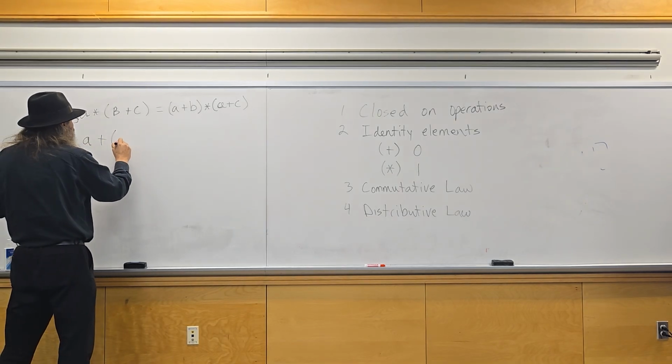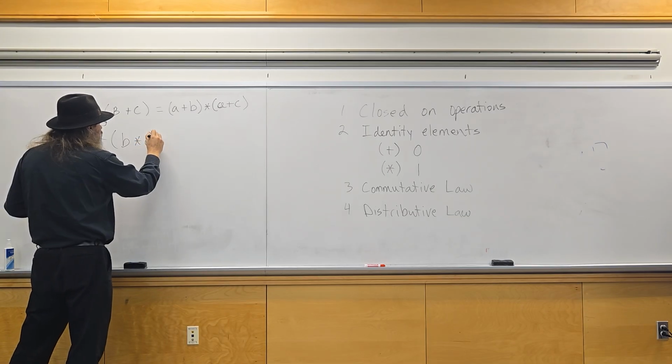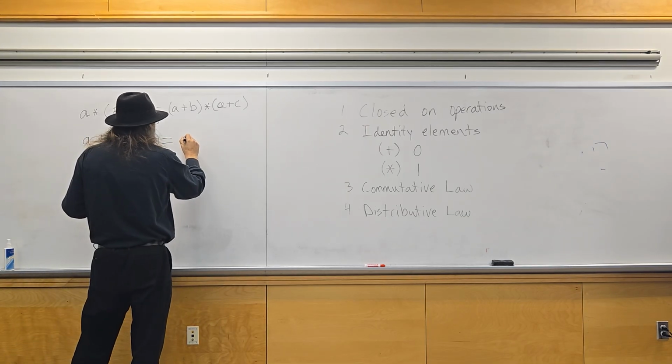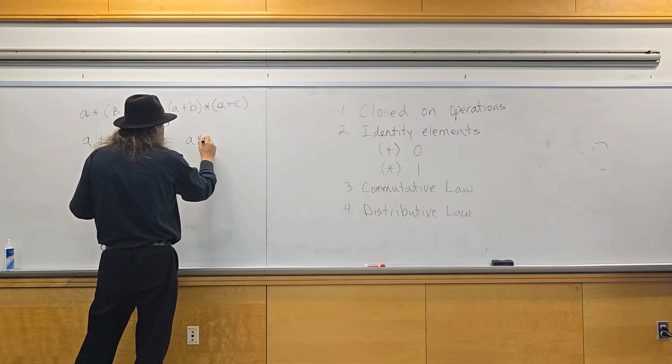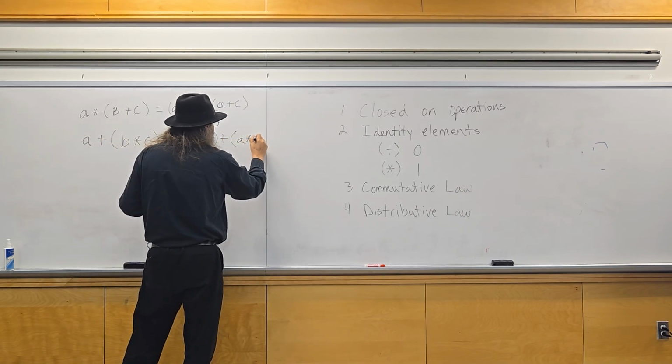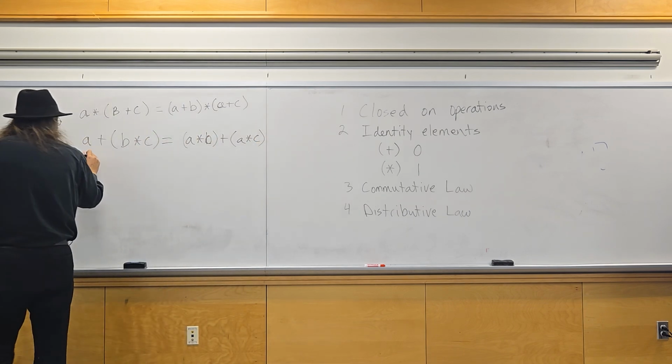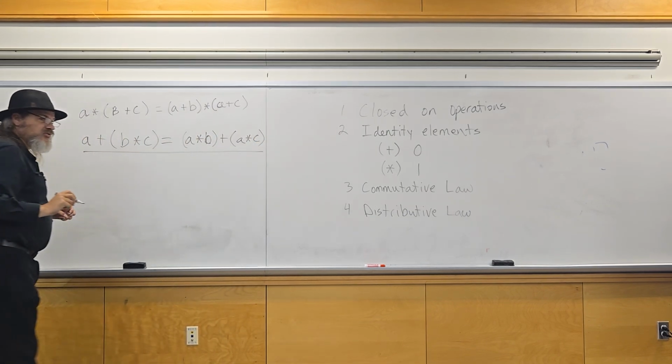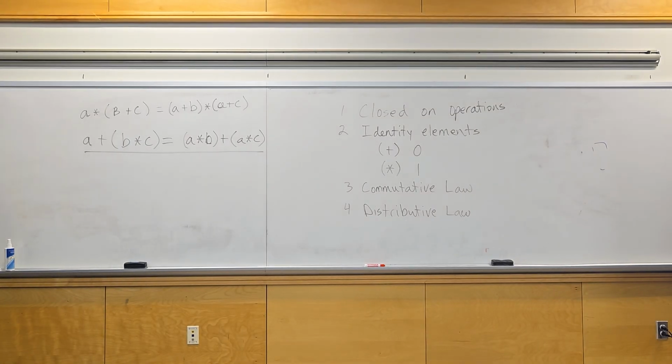A plus (B and C) is equal to (A plus B) and (A plus C). This is not the same as regular algebra, but it does work in Boolean algebra. It can be verified through truth tables, so you can see the equivalence.